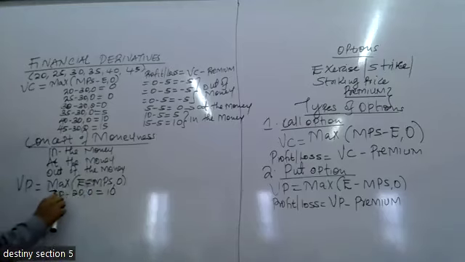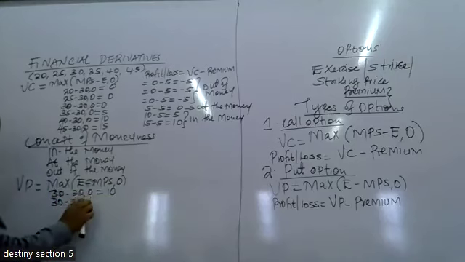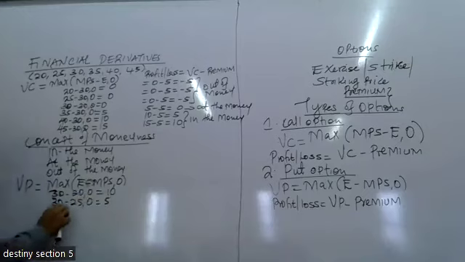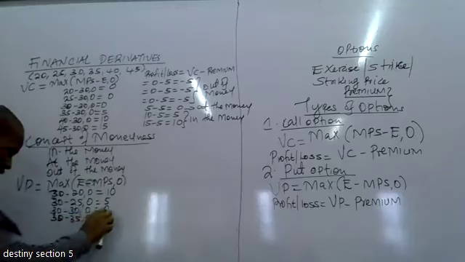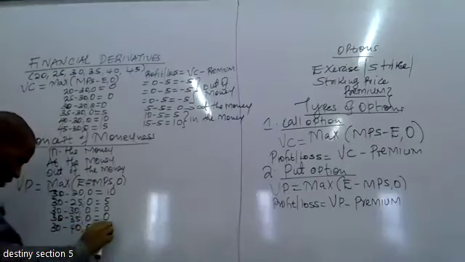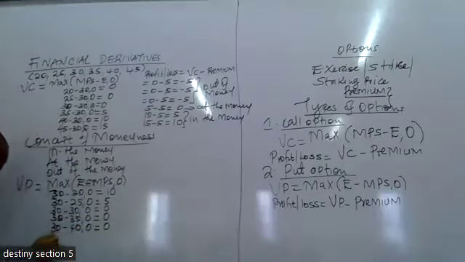This one is 30 minus 25, that is 5. 30 minus 30 is 0. 30 minus 35, compared with 0, is 0. 30 minus 40 is 0. And then 30 minus 45 is 0.